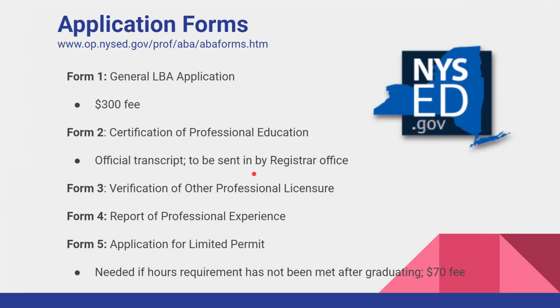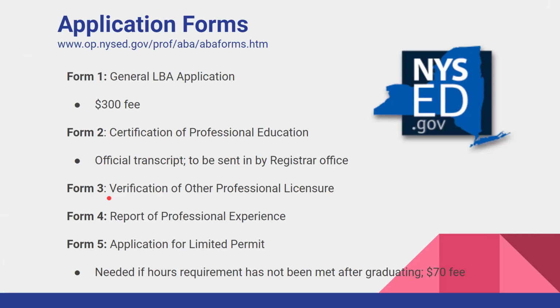So in Form 2, like I had just mentioned, this is where you'll have your official transcript ready to go and send out. But you have to make an appointment with the registrar's office for this, because they're the ones who have to stamp it and sign it, coming directly from their end. This is not something that you do.